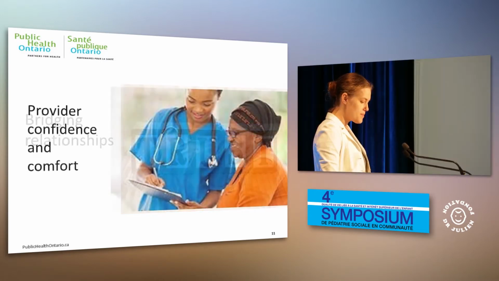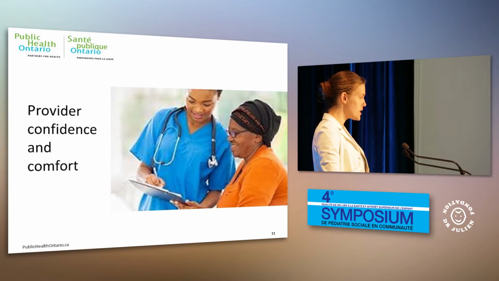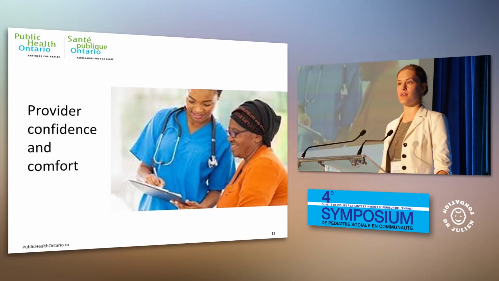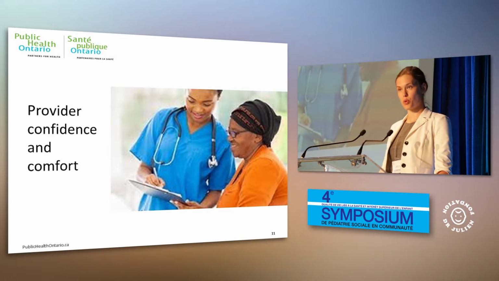In terms of the actual delivery of the service, increasing providers' comfort and confidence in screening for social issues or referring to social services was a very important mechanism. The individuals had to feel comfortable doing what they were asked to do, and in many cases this required institutional support.